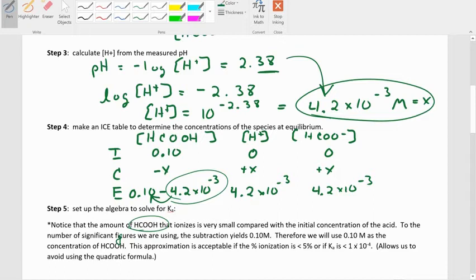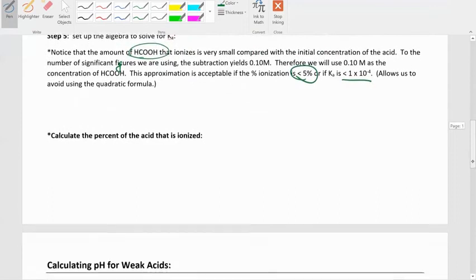Therefore, we're going to use 0.1 molar as the concentration. This approximation is acceptable if the percent ionization is less than 5%, or if Ka is less than 1 times 10 to the negative fourth. We've talked about that before, and we can use that same philosophy here as we did before with Kc's. Makes things easy so we don't have to use the quadratic equation.